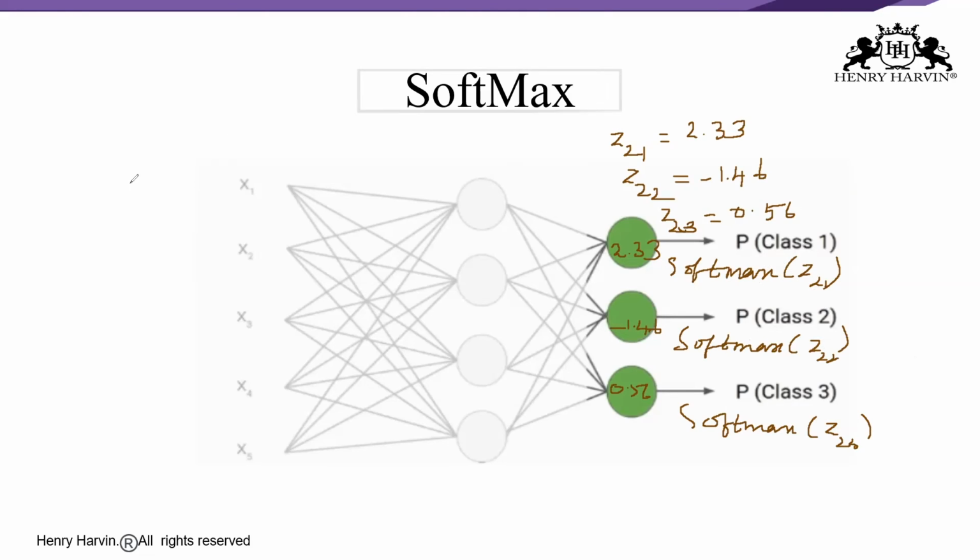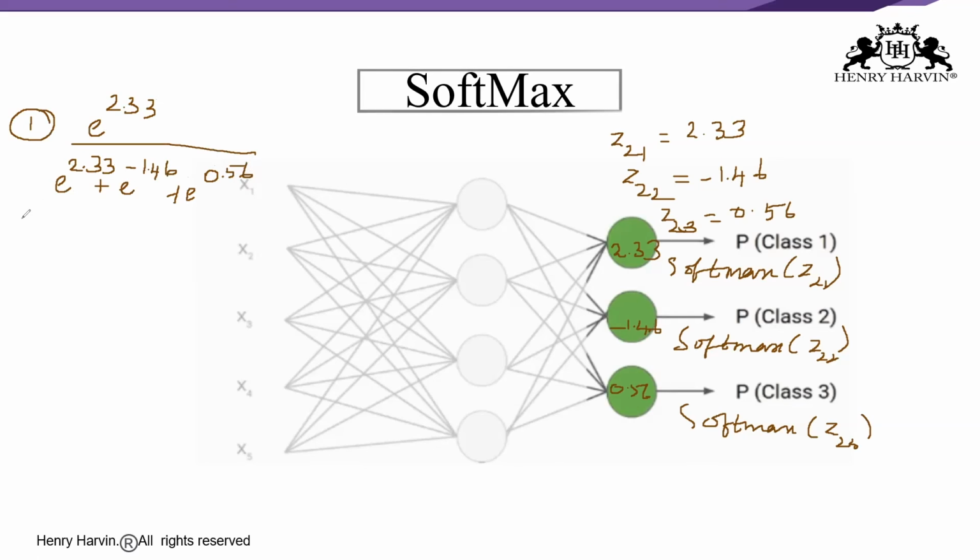Let me calculate for the first one: e power 2.33 divided by e power 2.33 plus e power minus 1.46 plus e power 0.56.